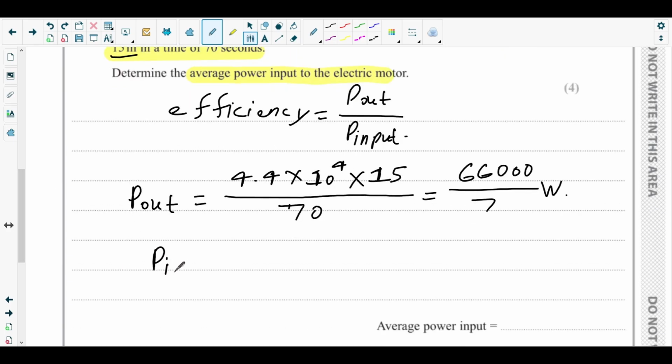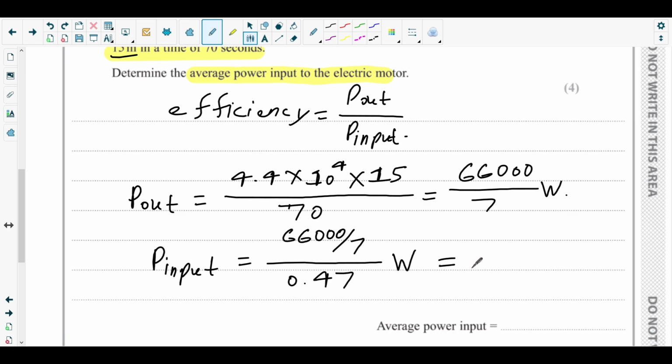So we need to find out the power input. In that case we will take efficiency to the denominator. So you will get 66,000 over 7 divided by 0.47, that is 47%. That would give you 20,060.79027 watt.